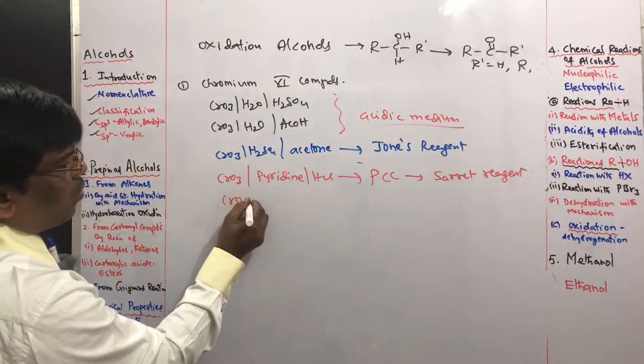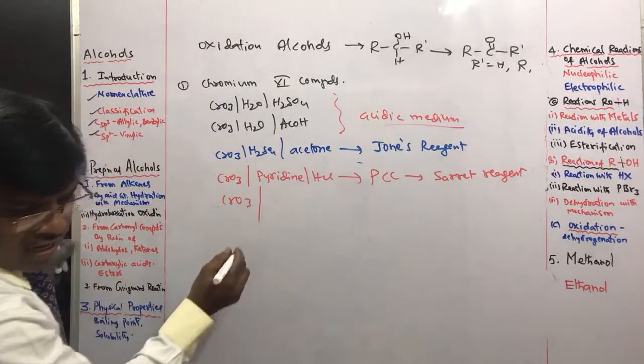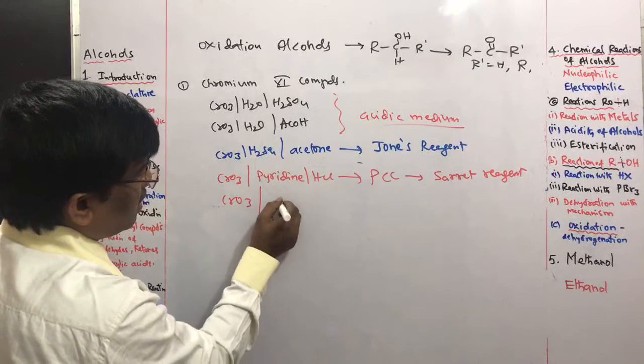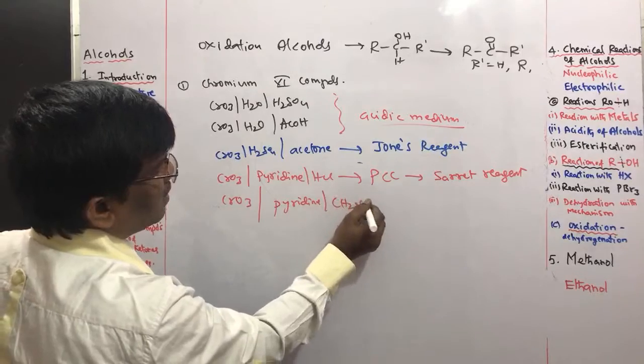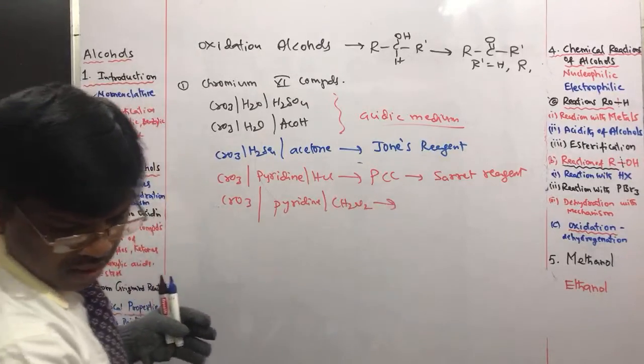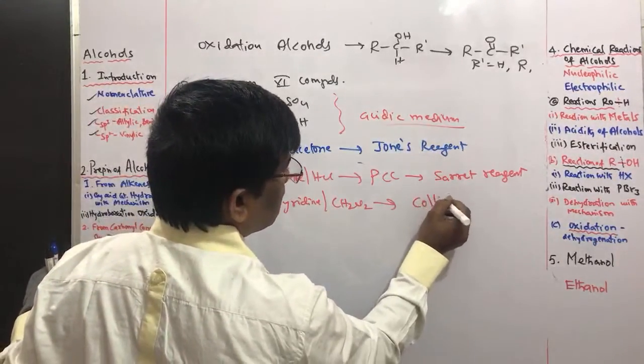Or if I use chromium trioxide in pyridine and dichloromethane, it is known as Collins reagent.